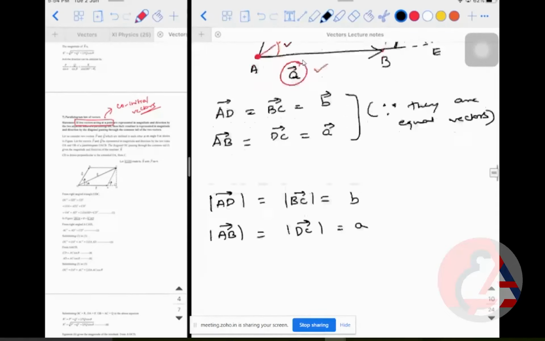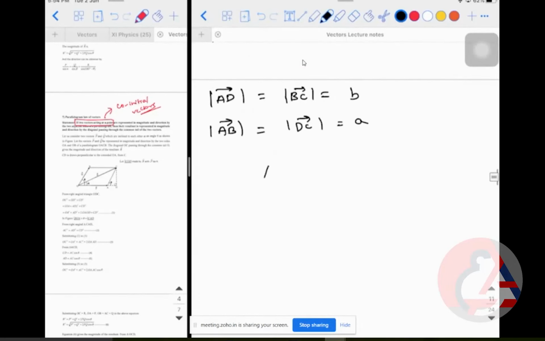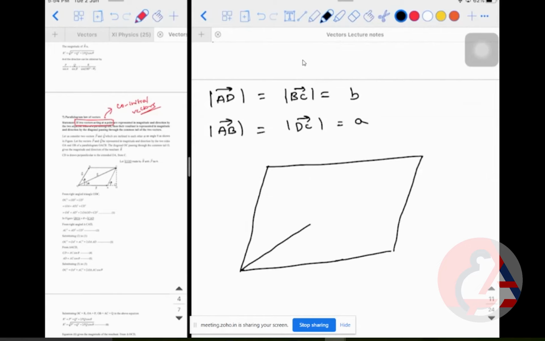Now, for you to understand things better, I'm removing the vector symbols and I'm just drawing a basic parallelogram so that it is easy for you to understand. If I take this as R, this is going to be theta. This side is A, this side is B, this side is B, and this side is A. I drop the perpendicular, then this angle is theta.